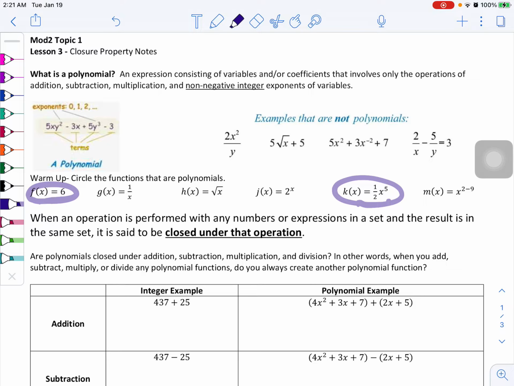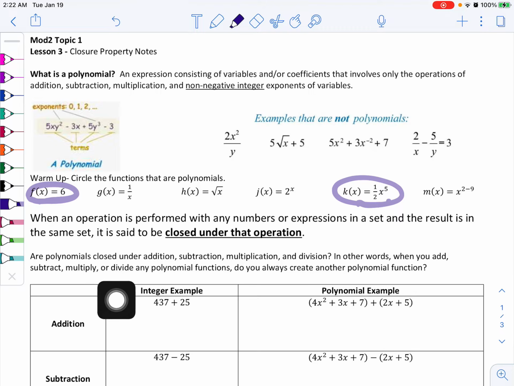So basic idea here, if I add two polynomials, do I get a polynomial? If I subtract polynomials, do I get a polynomial? If I multiply or divide polynomials, do I always create another polynomial function? And so that's what we're going to figure out.